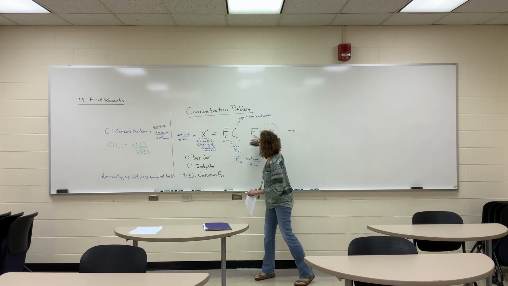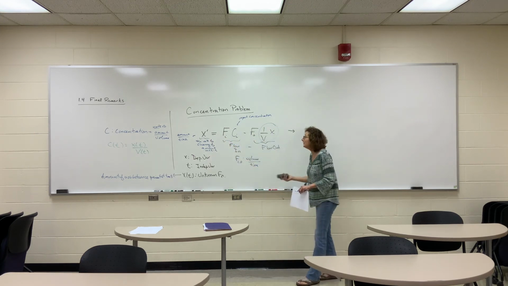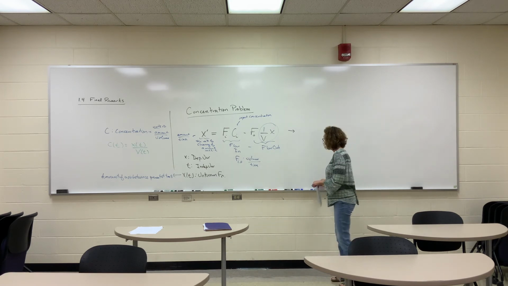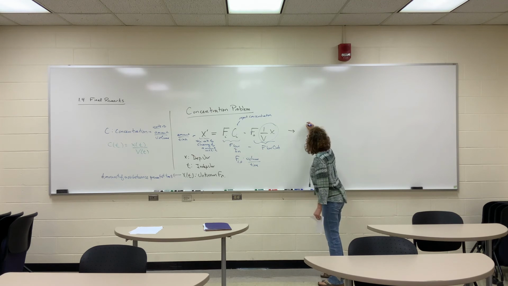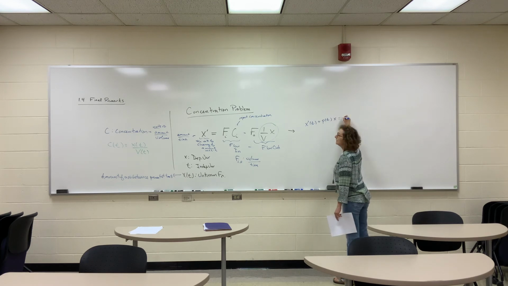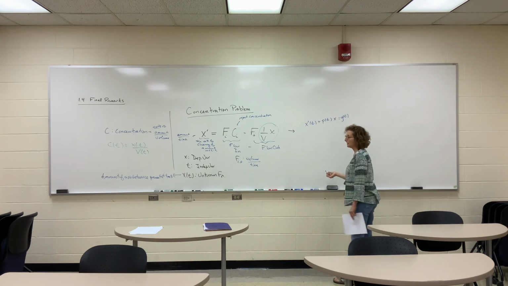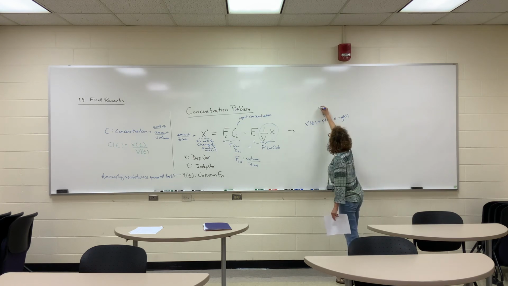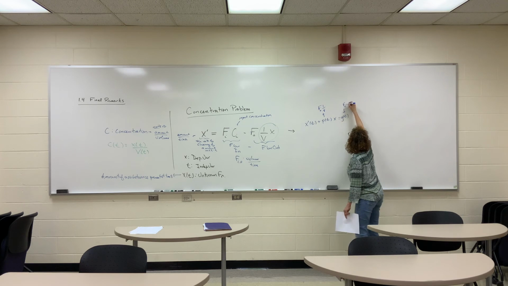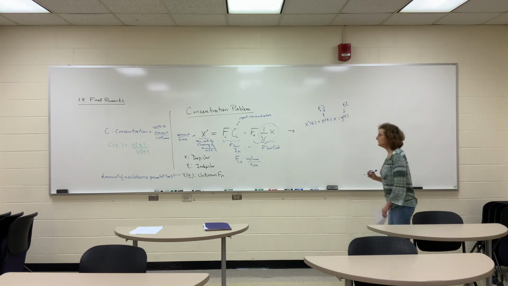You would write it in standard form by bringing that across and then identifying your P of T and your G of T. Because basically this is just X prime of T plus P of T X equals G of T. The P of T is F out times 1 over V, and the G of T is F in times C in.